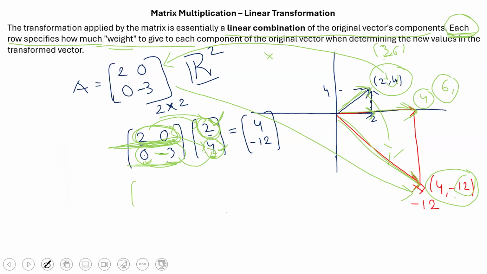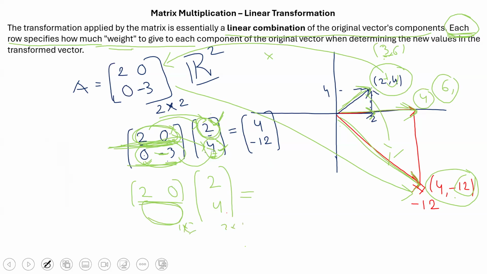Now if you take another example of just 2, 0 as matrix A and 2 comma 4 as the original point, what this says, there is only one row, there is no second component. Okay, so what this says is what is the length of it? This is 2 into 2, this is 0 into 4, so we get a 1 by 1 result.